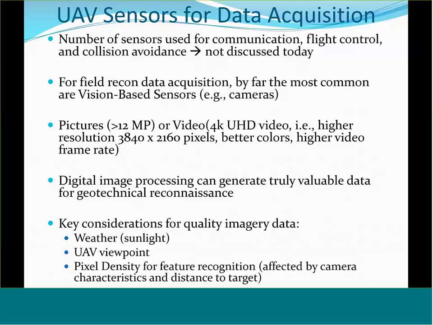And in terms of field reconnaissance data acquisition, which is the focus in this webinar, by far the most common are vision-based sensors, essentially cameras. And so with cameras, you can collect pictures or video. You generally want to have a relatively high-resolution camera, and so pictures of at least 12 megapixels are needed, or higher than that.